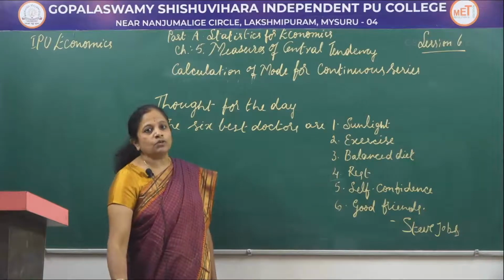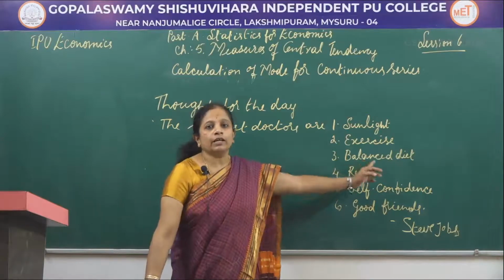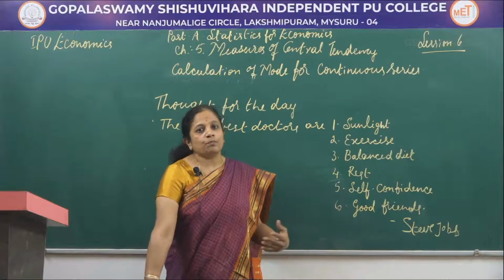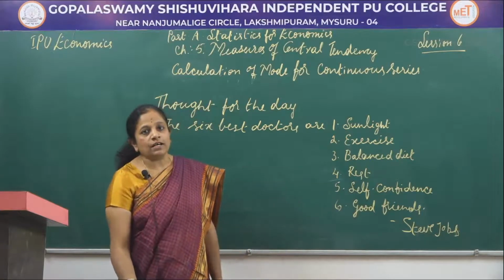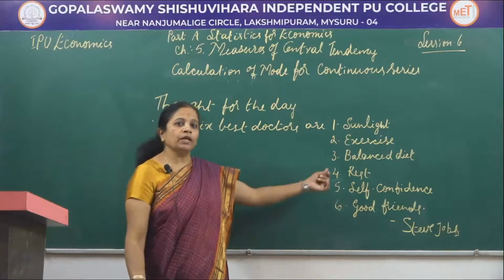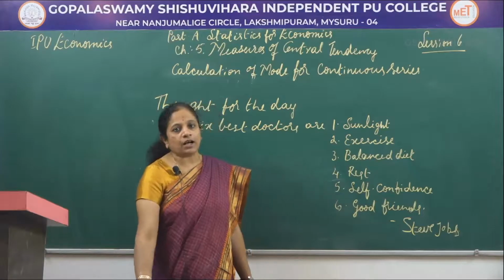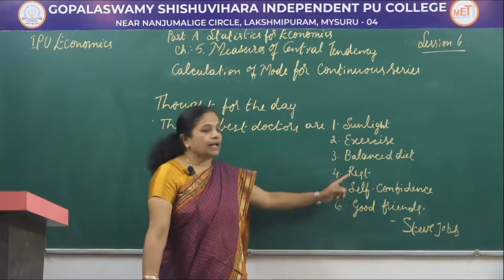So, we should consume all types of vegetables and fruits. We should take each day a balanced diet which involves sprouts, raw vegetables, cooked food as well as fruits. We should have the practice of consuming seasonal fruits which are available in that particular season.